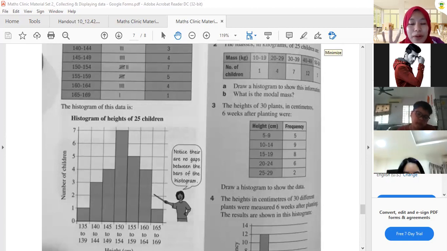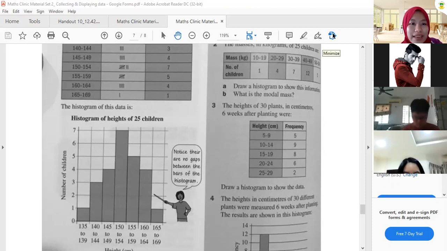Types of data will determine the types of graph. Discrete data will make you have a bar chart. Meanwhile, group discrete data or continuous data will cause you to have a histogram. That's why it's very important for you to find out what type of data you have.